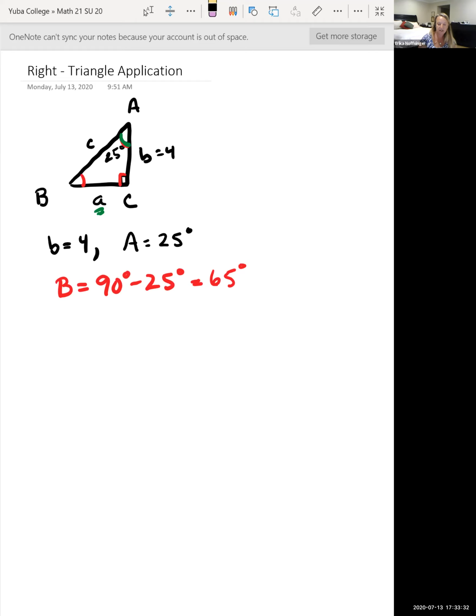Tangent. So the tangent of angle A is equal to the opposite side over the adjacent side from that angle. The opposite side is A, the adjacent side is 4, and A is 25 degrees.